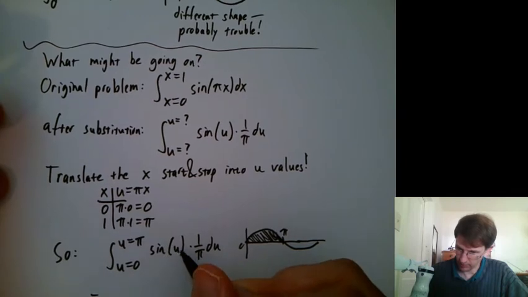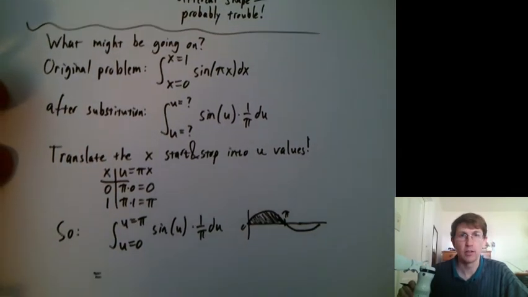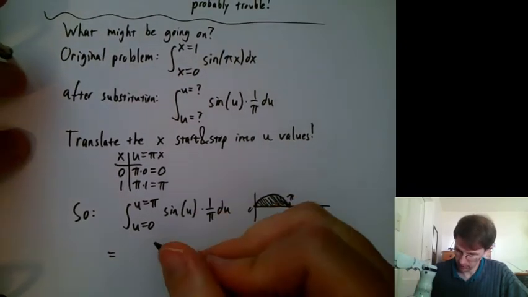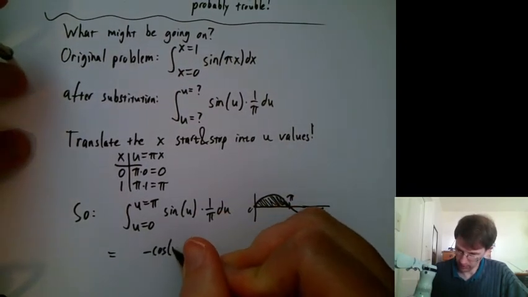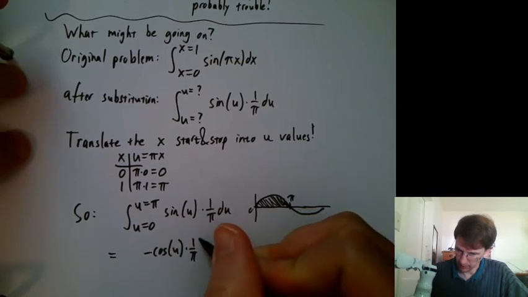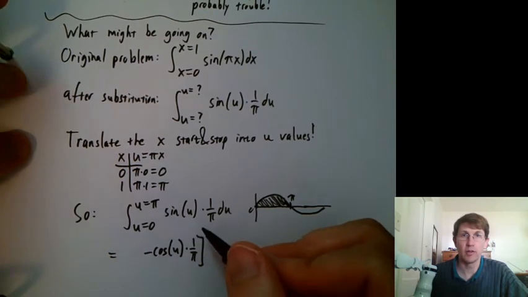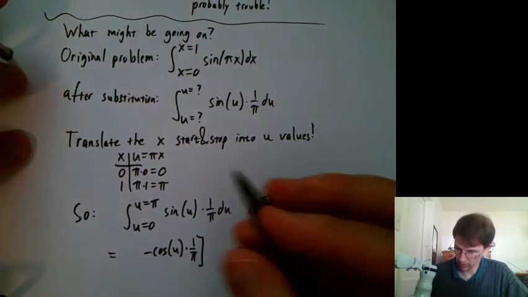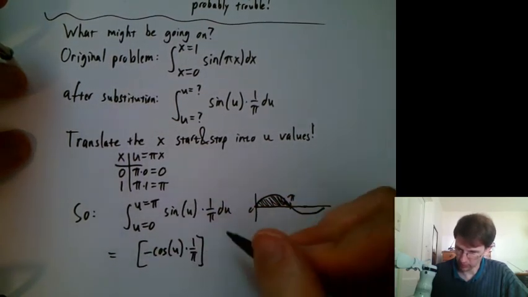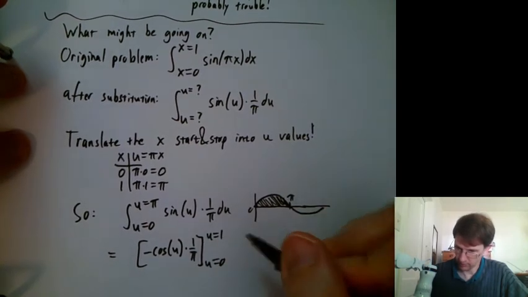Integral of sine is cosine? Negative cosine, right? Negative cosine of u, times 1 over pi. And I've taken the antiderivative, so now I write the closed square bracket, from u equals 0 to u equals pi.